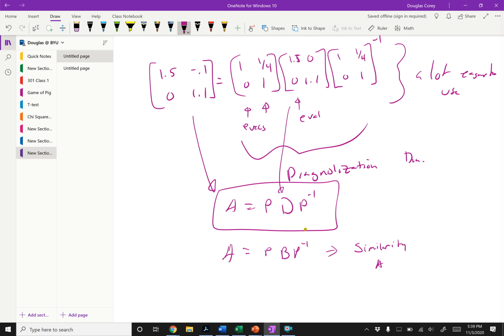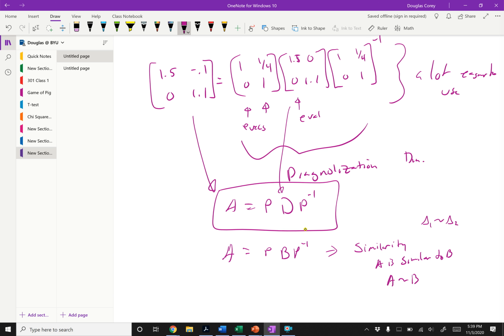So A is similar to B, and vice versa. If A is similar to B, B is similar to A. And the notation is A, then a squiggle, then B, in the same way that two geometric figures are similar, like triangle 1 is similar to triangle 2.